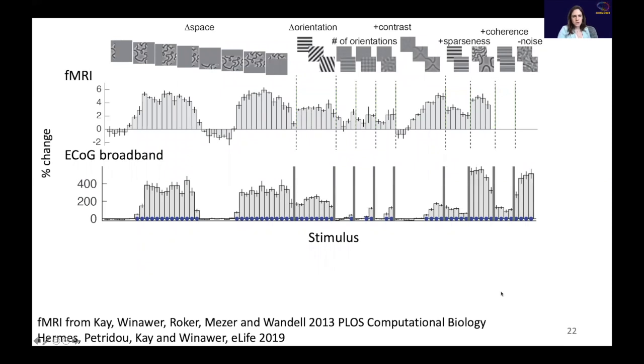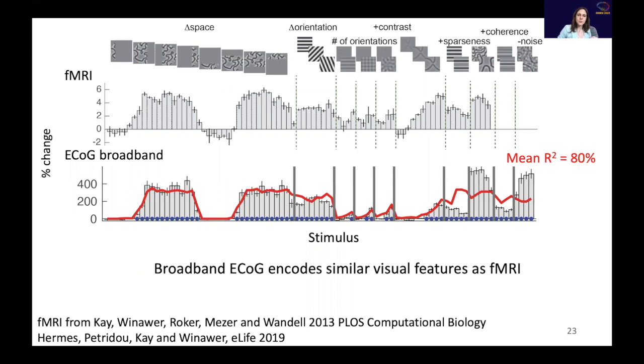So we can use this image computable model that was developed for fMRI to predict the ECoG broadband response. And across these electrodes, we could explain 80% of variance, cross-validated. So ECoG broadband encodes similar visual features as fMRI.